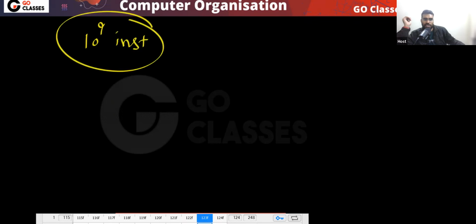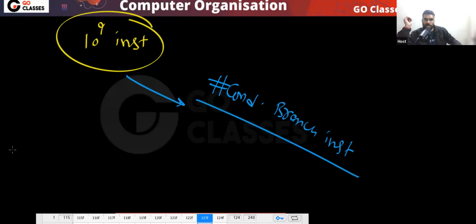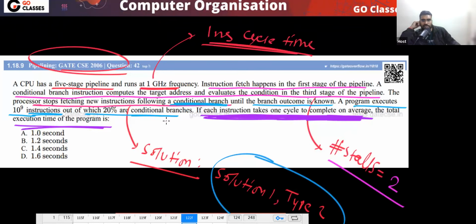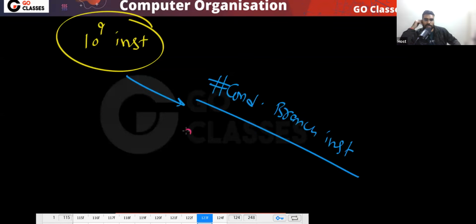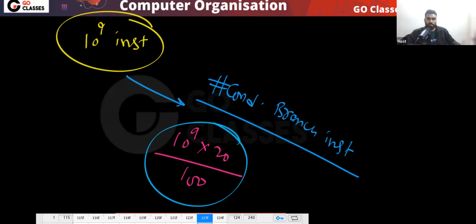Out of these, how many are conditional branch instructions? The question says 20% are conditional branch instructions. So 10 to the power 9 multiplied by 20 divided by 100, these many conditional branch instructions we have.